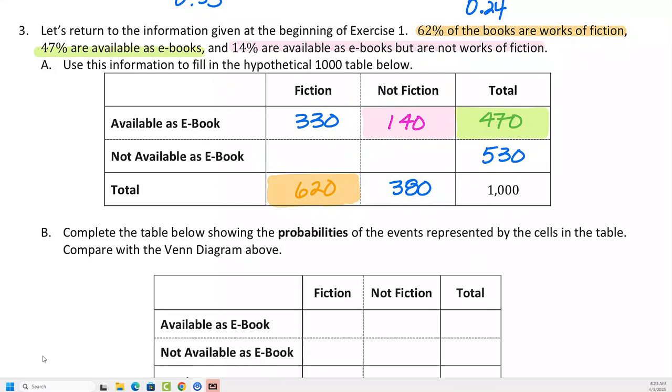So 620 minus 330, I'll just tell you, is 290. And then to get that last cell, we can either figure out what adds this way, or I could figure out what adds to 290 to give me the 530. Got it? So I can do the arithmetic easier this way because of the numbers. So what do I add to 140? Well, I would take 380, subtract 140, and when I do that, I get 240.